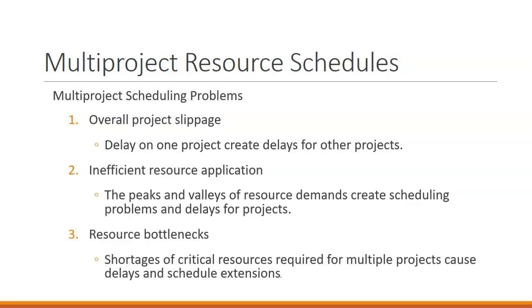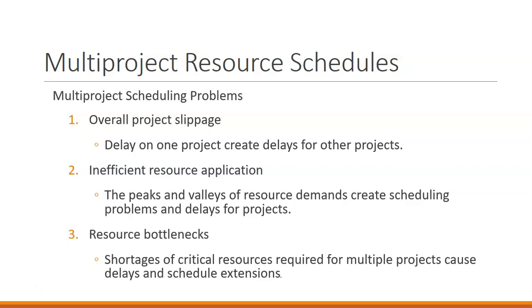As I said earlier, most of the time we are scheduling for multiple projects. When we have overall project slippage, we can delay multiple projects. For example, in that computer scheduled example, we have eight design engineers and they're all working on that one project at the exact same time.